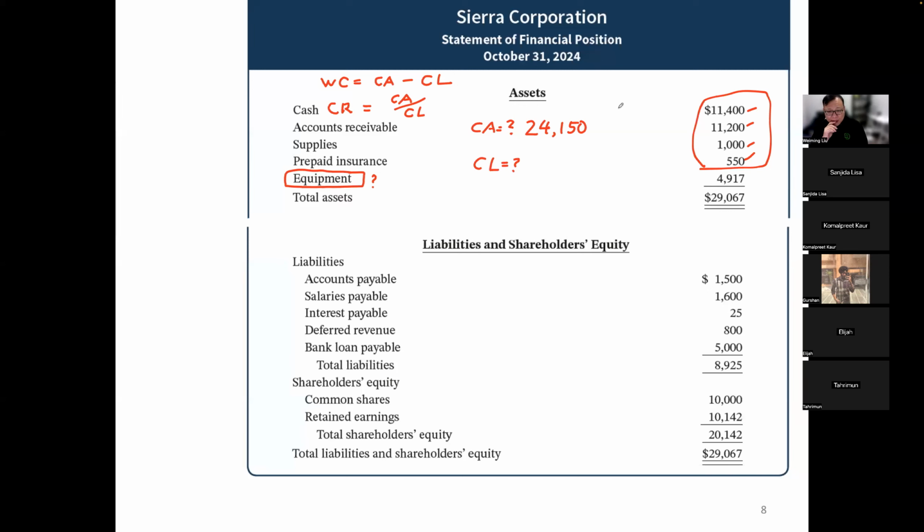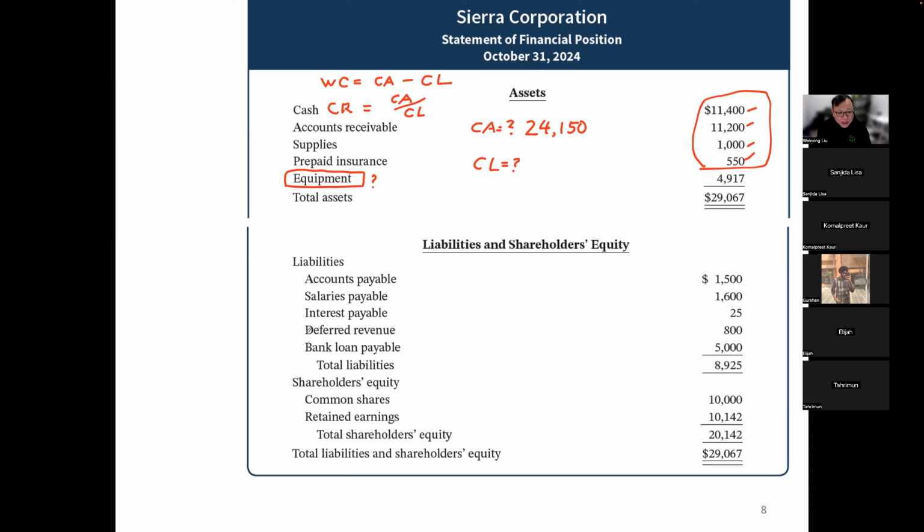So what's my current liability? Accounts payable, that's what you pay your supplier. Salary payable, you pay to your employee. Interest payable, you pay to the bank.